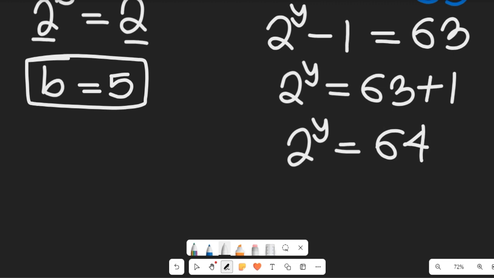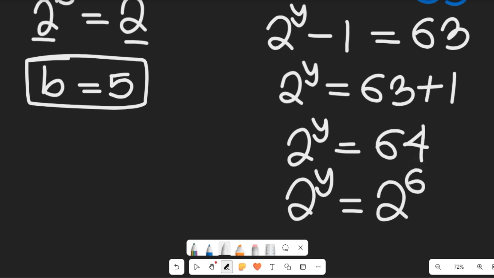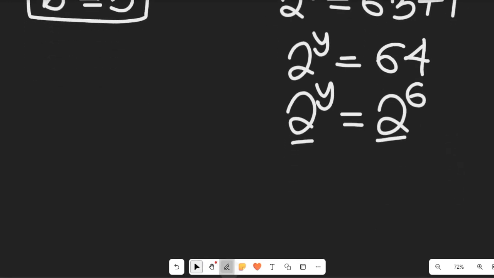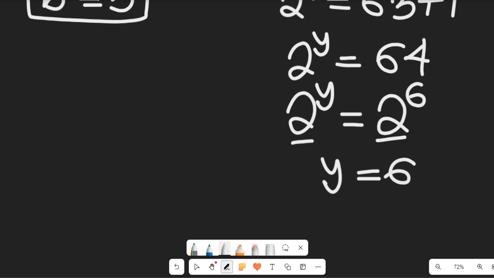Great. If we look for the factors of 64, 2^y will be equal to 2 to the power of 6. That will give us 64, right? We have same base, and then the value of our y will be equal to 6. And that is the value of our y.